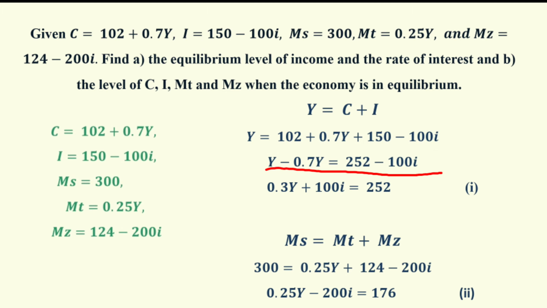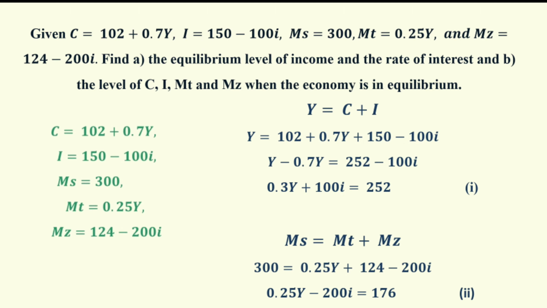So y minus 0.7y is equal to 102 plus 150, that is 252, minus 100i. Now y minus 0.7y is equal to 0.3y, then minus 100i will come to the left hand side of the equation, so it will become plus 100i is equal to 252.